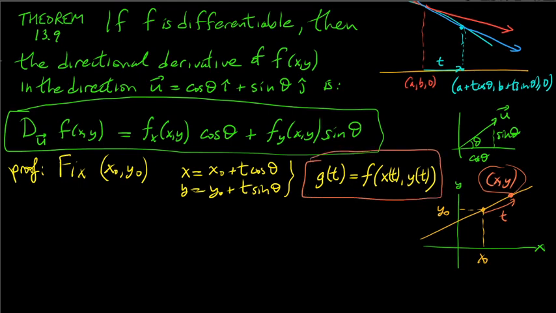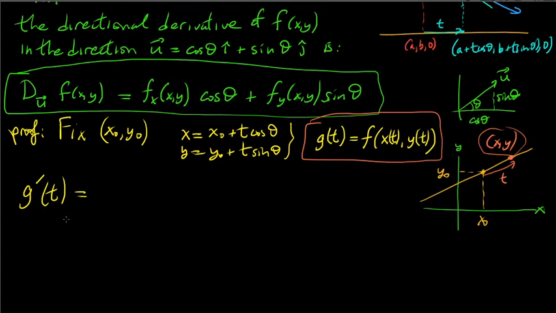So what are we going to do with this? We're going to take its derivative, of course. G prime of t. So this is a Calc 1 derivative. It's a function of one variable, and you're taking the ordinary derivative. However, f, of course, is a function of two variables, x and y. So for that, we need the chain rule. We need to take the derivative of f with respect to x times the derivative of x with respect to t, plus the derivative of f with respect to y times the derivative of y with respect to t.